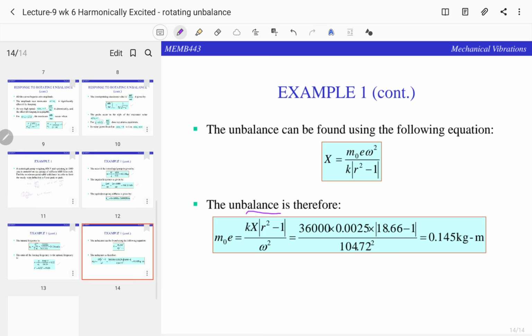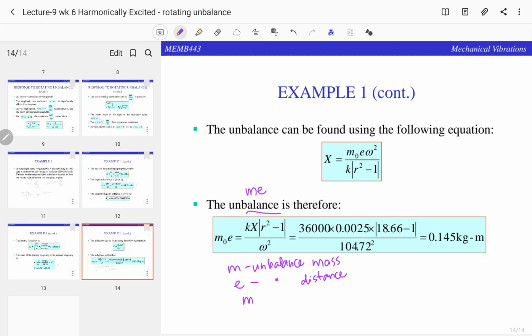So what is meant by the unbalance is actually me. m is the unbalanced mass, but unbalance means me. e is the unbalanced distance from the rotating point, or eccentric distance, it's the same.